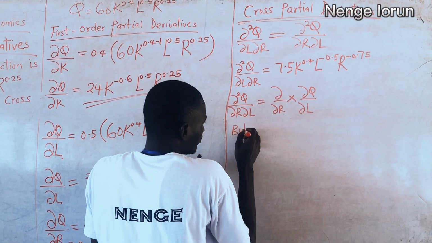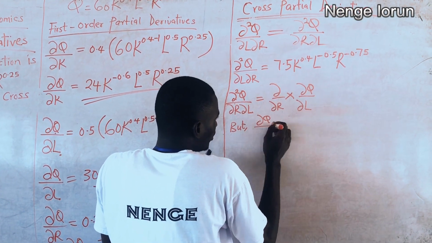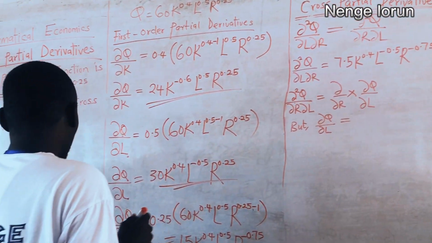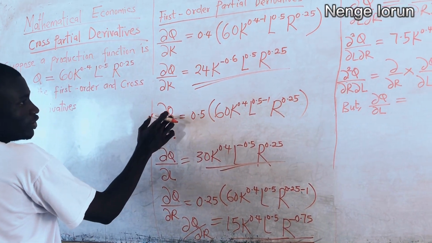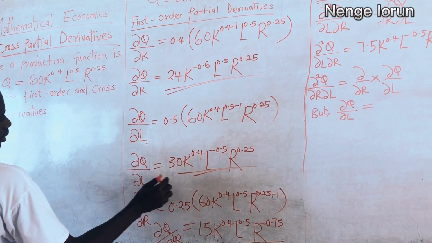But the cross-partial derivative of q with respect to l has been computed. The cross-partial derivative of q with respect to l is this.